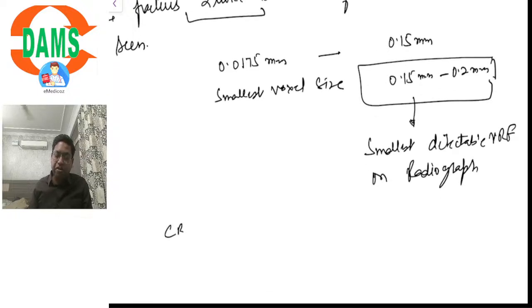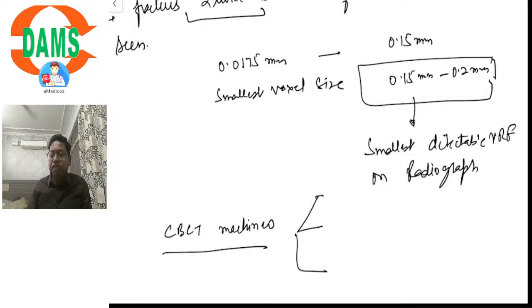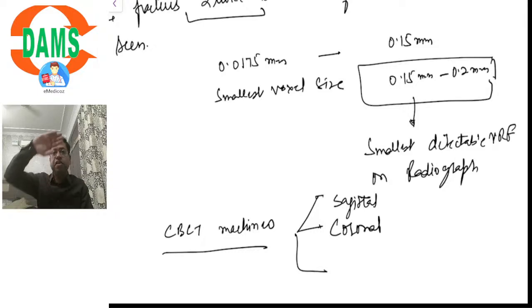Now, CBCT machines, all of you must know that they obtain the images of any tissue in three planes, that is the sagittal plane of section. Sagittal means it would be like this. Coronal plane of section. Coronal means imaging like this.